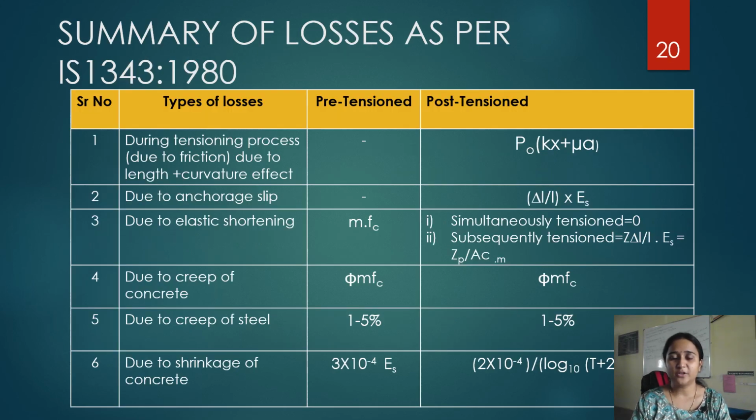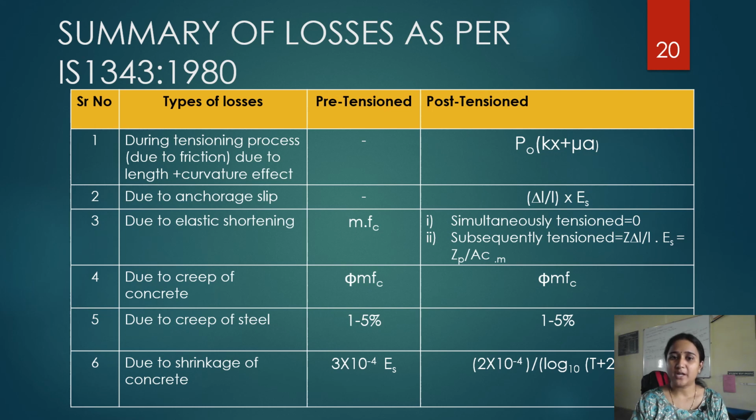Then the summary of losses as per IS 1343, as we have discussed here. Just remember this table very carefully. Type of loss: loss due to friction or curvature, because of curvature and wobbling effect. The friction loss is only there in post-tension members, and that can be calculated as P0 into (Kx plus mu alpha).